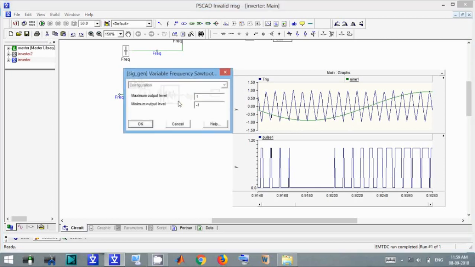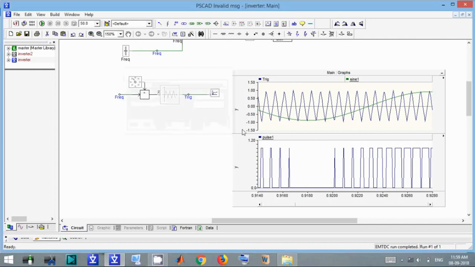From that, this is a variable frequency sawtooth waveform, and we select the maximum output level as 1 and the minimum output level as -1. So the sawtooth waveform looks like a triangular waveform. If we put this at 0, then it will be a sawtooth waveform.